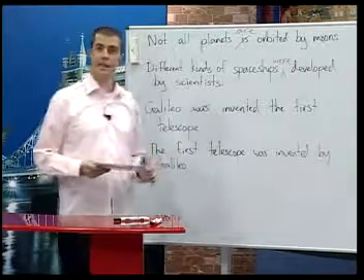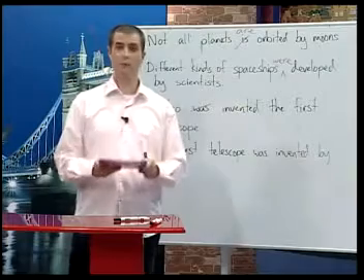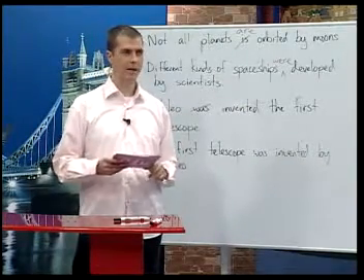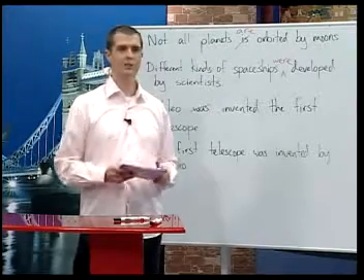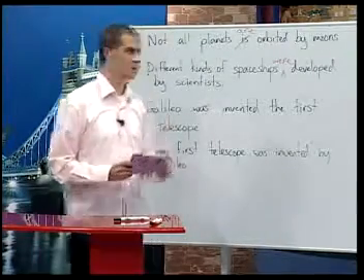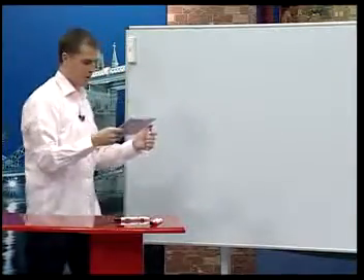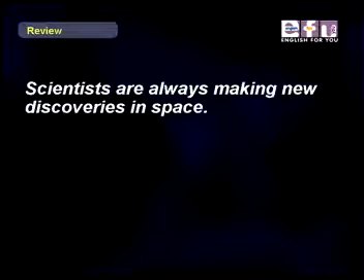Right, well let's try an exercise now using the passive voice with present continuous. I'll give you a sentence in the active voice and you change it to the passive and we'll use the present continuous. And the first sentence goes to Rosa. Scientists are always making new discoveries in space.